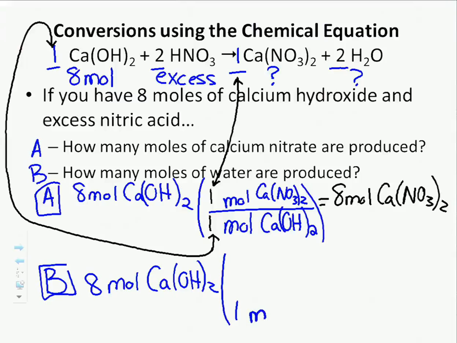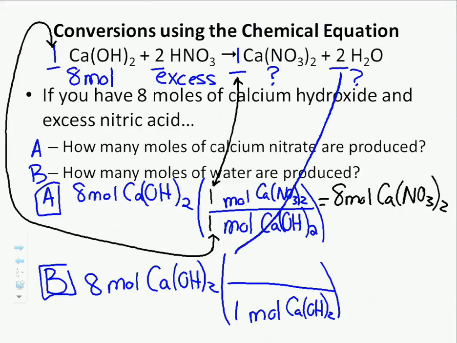I've got 1 mole of calcium hydroxide is equal to, and this time we're trying to get water, so 2 moles of water produced for every 1 mole of calcium hydroxide. So in the end, I'm producing 8 moles of calcium nitrate but I'm producing 16 moles of water.